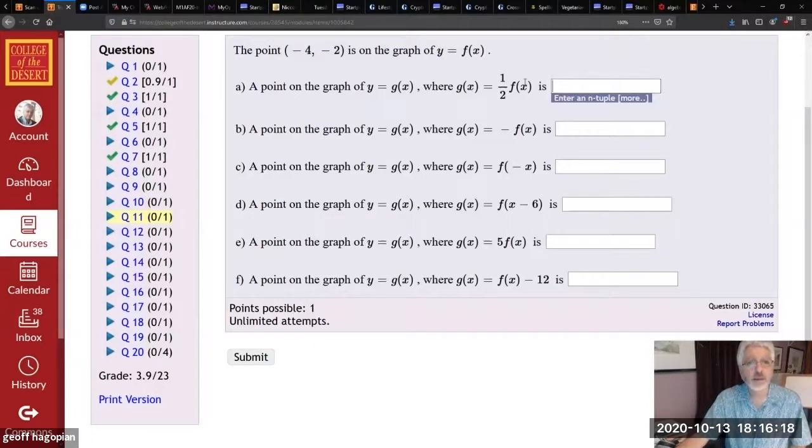So what does this transformation do? This halves the output, right? So the same input will produce half the former output. So if the input was -4, -2, the new point will be -4, comma, -1. Right?